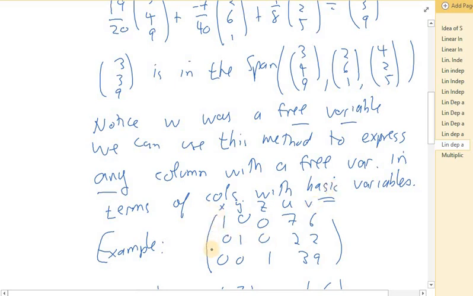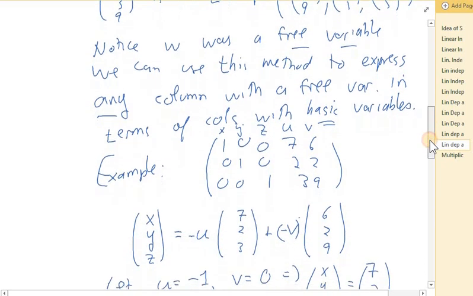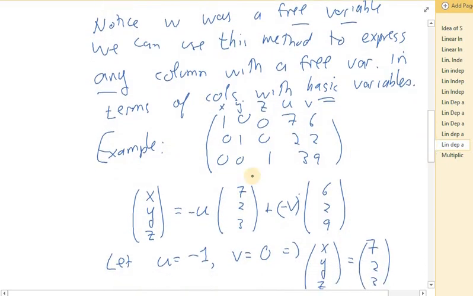Here I have a matrix, and I just gave you the row reduced form, 1, 1, 0, 7, 2, 3, 6, 2, 6, 2, 9. Now in this case, if you want to get x, y, and z, x is equal to minus 7u minus 6v, y is equal to minus 2u minus 2v, z is equal to minus 3u minus 3v.